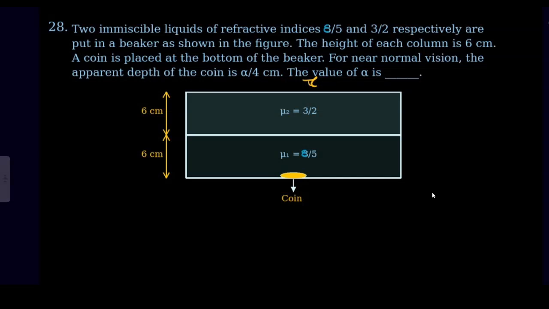Those two liquids are always separated. Two immiscible liquids with refractive indices given as 4 by 3 and 3 by 2 respectively are taken in a beaker as shown. The height of each liquid is given as 6 centimeters. For normal vision, the apparent depth of the coin is? We need to find the apparent depth.